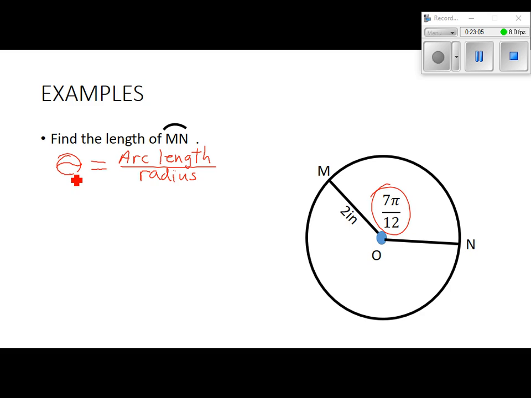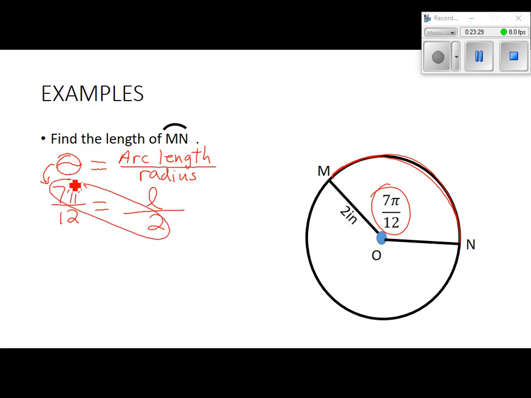So that angle, which is going to be the same as this arc, because it's a central angle, 7 pi over 12. That's what goes in place of theta right here. The arc length we don't know, so that's our variable, that's our L. The radius this time is just 2.